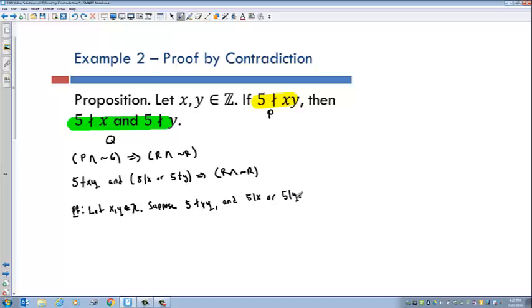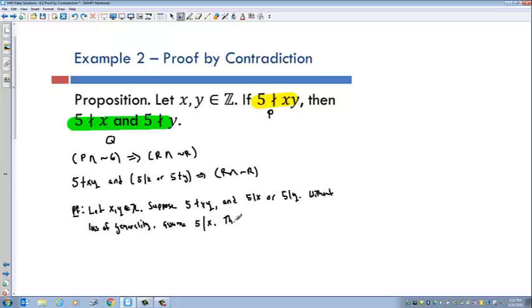Now this one's kind of similar to the last one in the sense that we could do cases. Case 1 would be 5 divides x. Case 2 would be 5 divides y. Or we could say without loss of generality. That's the shorter way to do it, so I'm going to say that. Without loss of generality, assume 5 divides x.